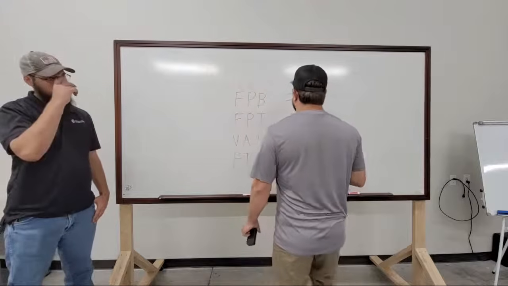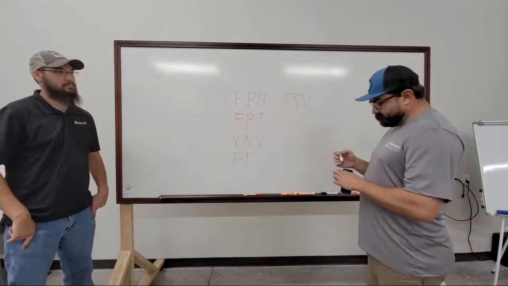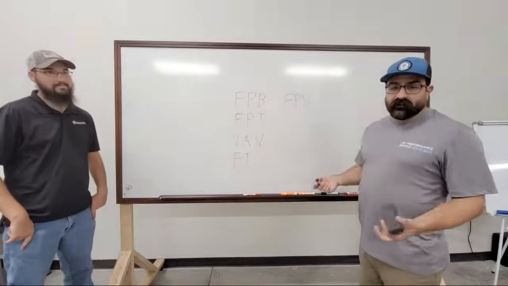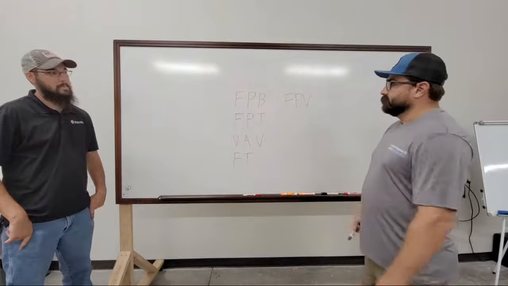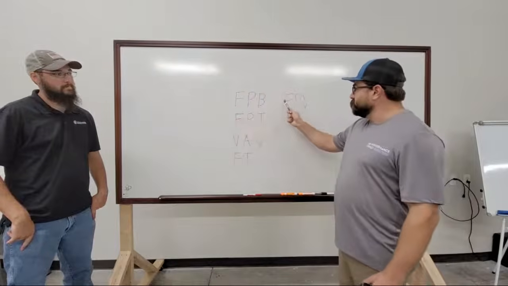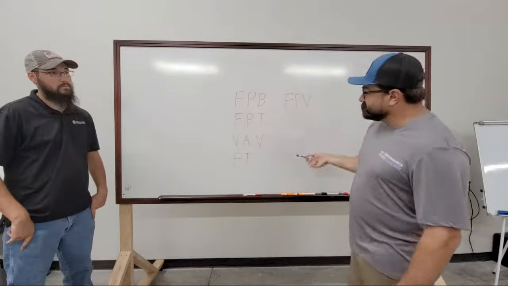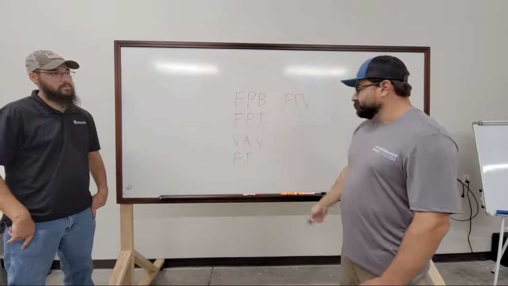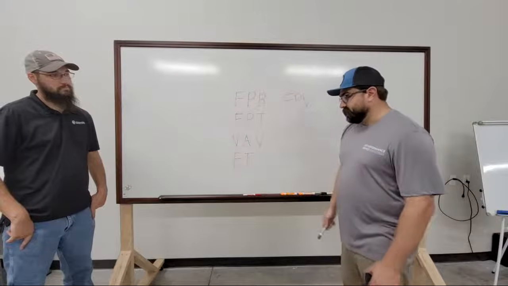What else have you heard called, Holden? That covers anything I've heard. So basically, if it's got an F in it, you're gonna think it's a fan. It's pretty given. So fan-powered box, fan-powered terminal, fan-powered VAV, I guess, would be what they were considering an FPB, VAV, or an FT for a fan terminal.